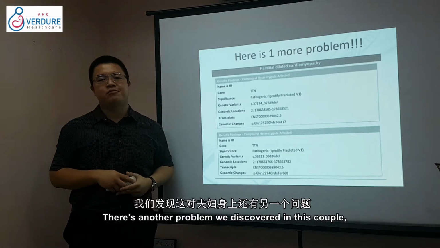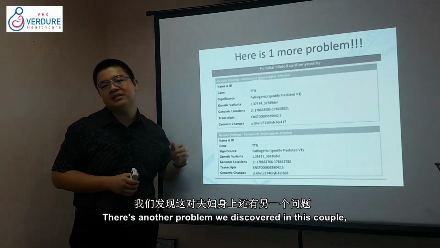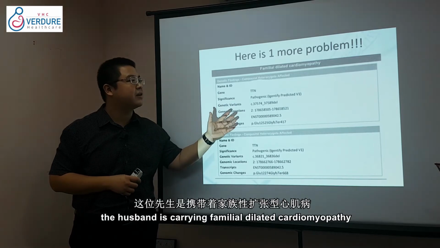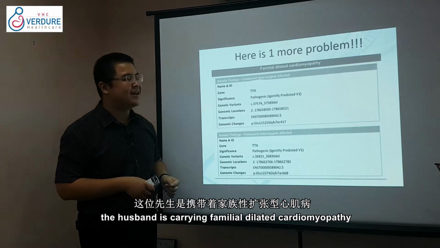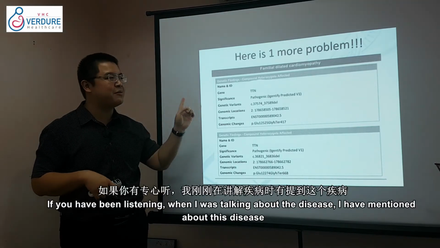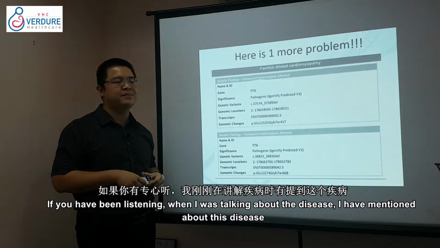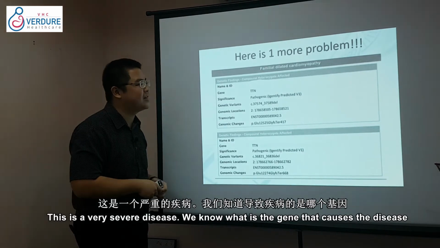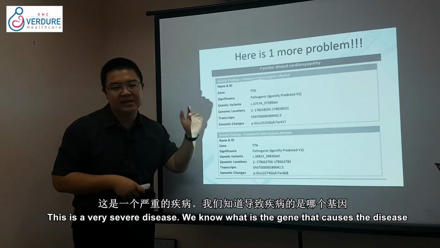But there is one more problem we discovered in this couple. The husband is carrying something called familial dilated cardiomyopathy. If you have been listening, when I talked about the diseases just now, I mentioned this disease, familial dilated cardiomyopathy, which is a very severe disease.